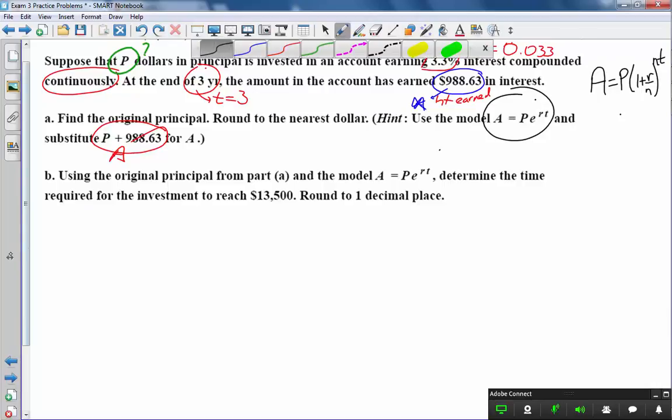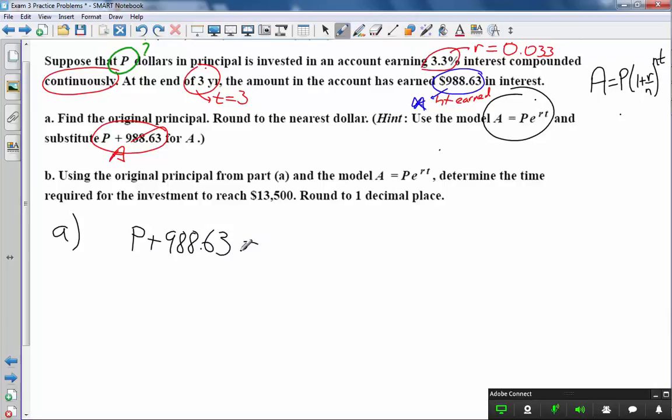So in part A, they want to find P, but they didn't give us A. It's okay. At least they gave us a partial A, which is P plus 988.63. This is the A they have provided us. Again, this is A. And in Pert, we pretty much know everything except P. I don't know P. I do know e is a number.